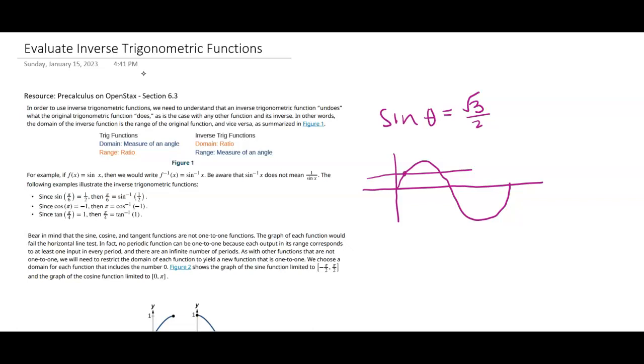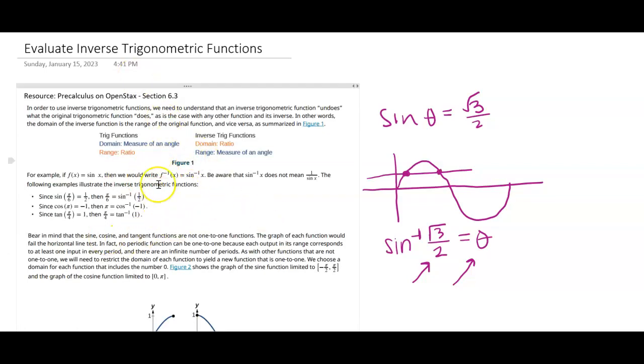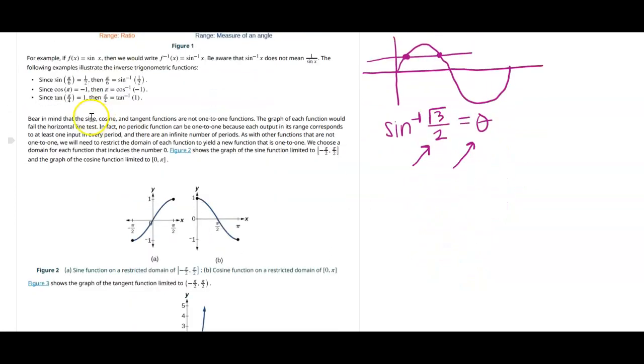And what that means for the inverse sine of root 3 over 2, when I switch those equal to theta, is that I'm plugging in one input into this inverse function and getting multiple theta outputs, which is an issue. And so there's some wording here about that from the textbook online.